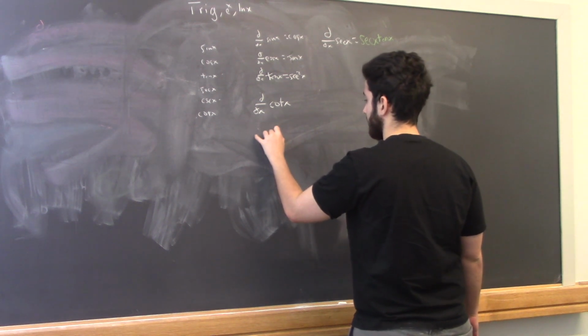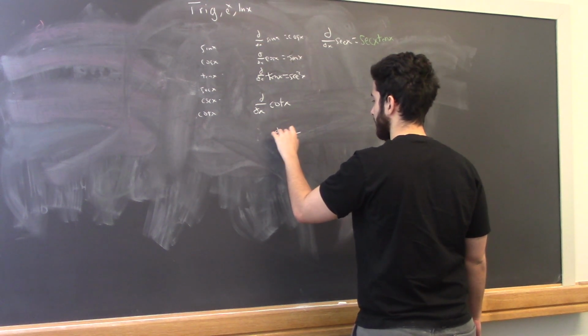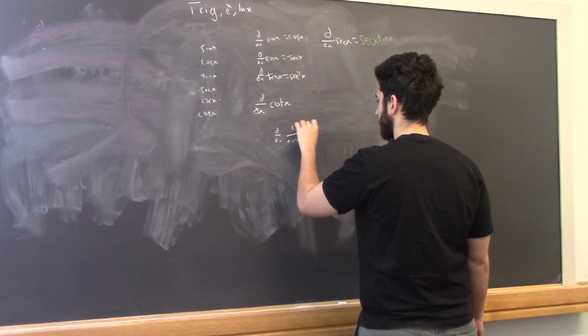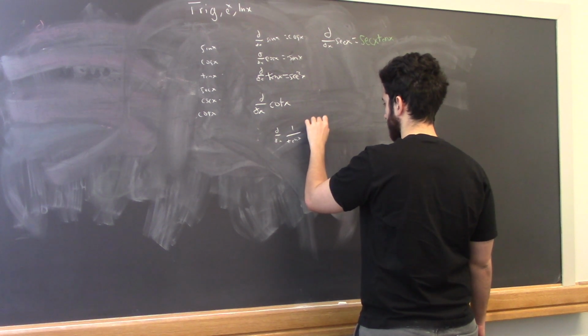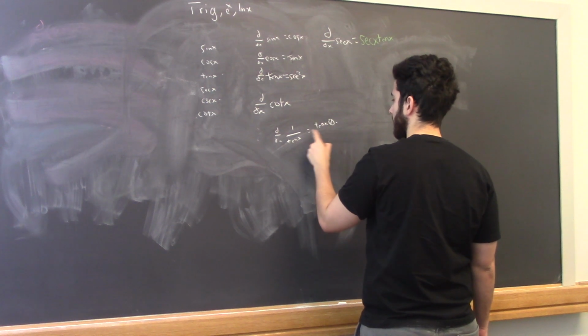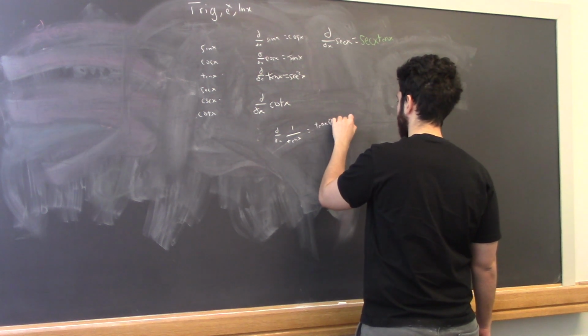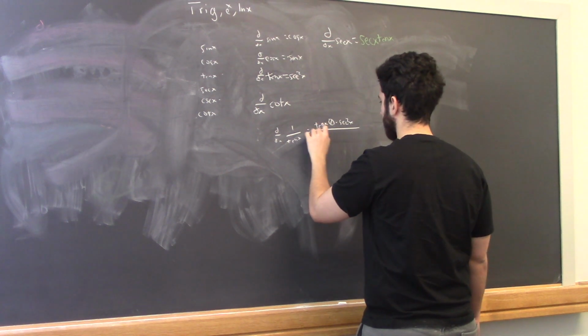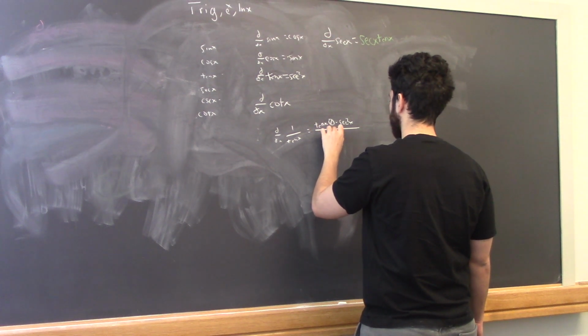So first, let's do the derivative of 1 over tangent. Right, so we're going to have low d high minus high d low over low squared.